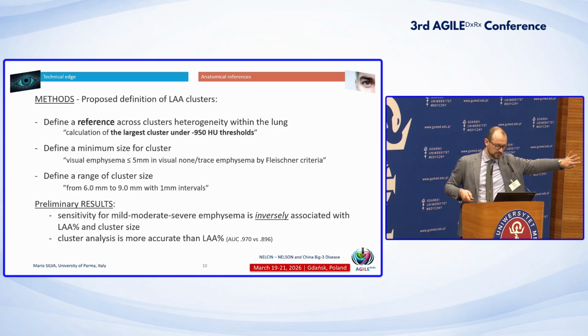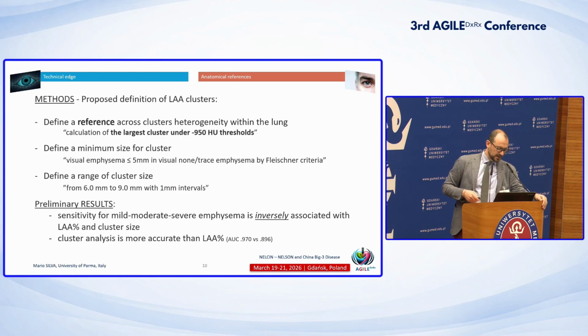So clusters of emphysema with a diameter of 5 millimeters or less were excluded from the cluster analysis. And the cluster analysis was run for those clusters between 6 and 9 millimeters at 1 millimeter intervals.